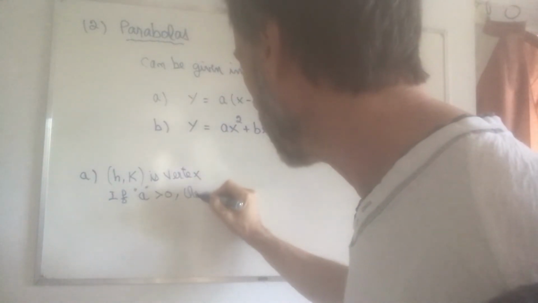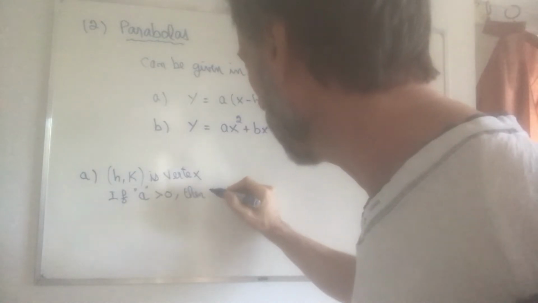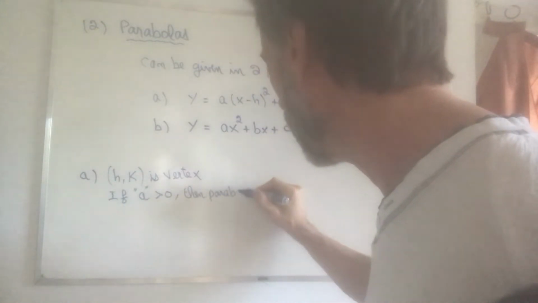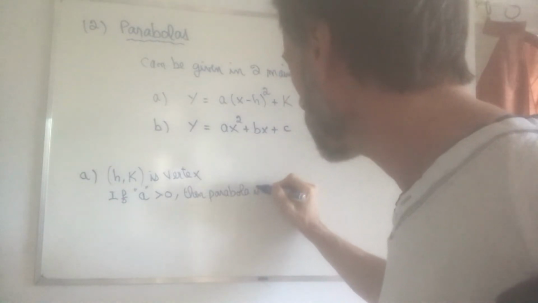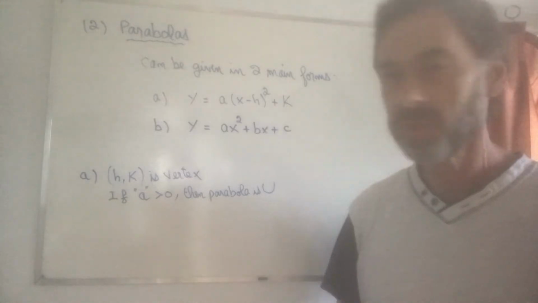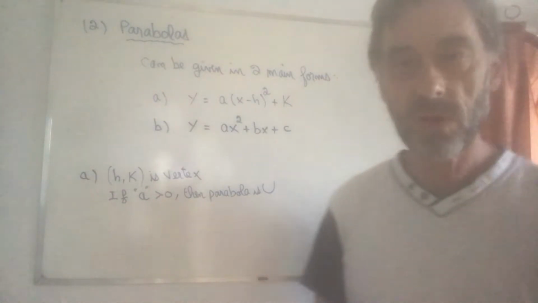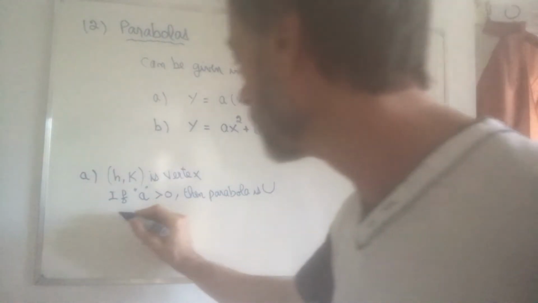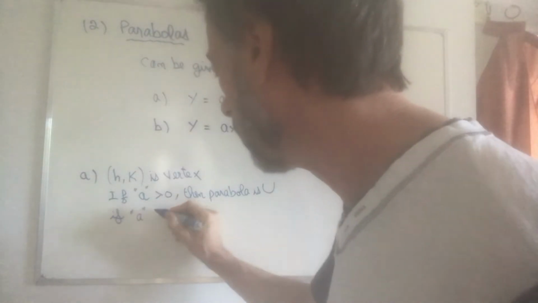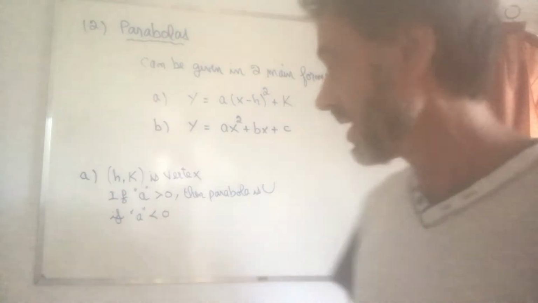Then the parabola is oriented upwards like this. That's also referred to as concave up in the language of calculus. If the a is negative, then we know that the parabola is concave down.